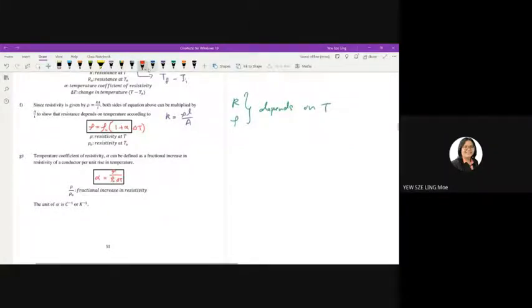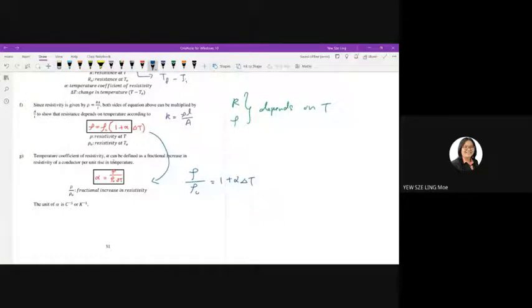Basically, you just rearrange it. From here to here, you rearrange the equations. Rho divided by rho naught equals 1 plus alpha delta T, I think.